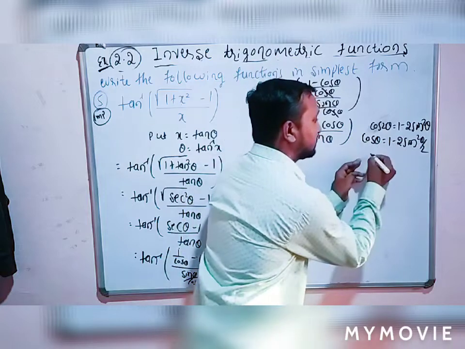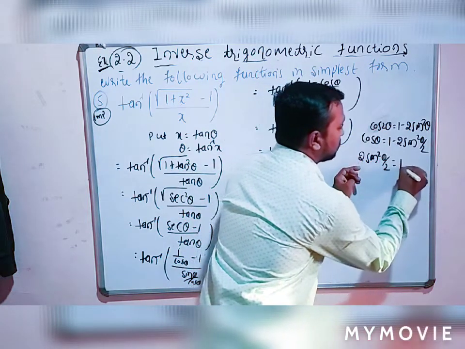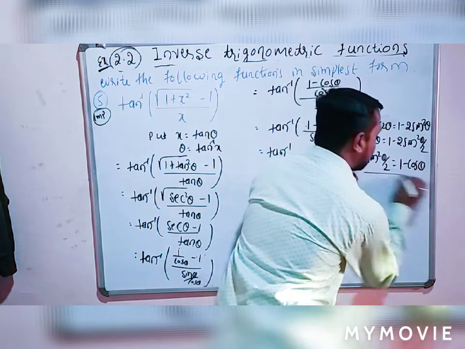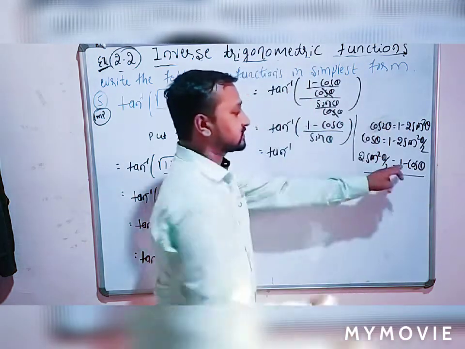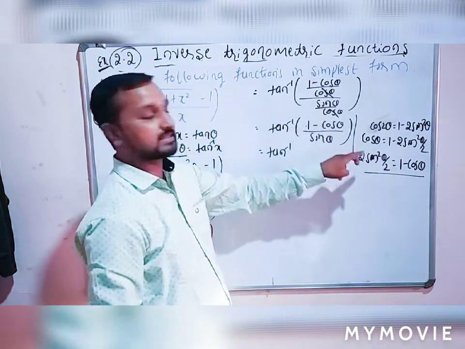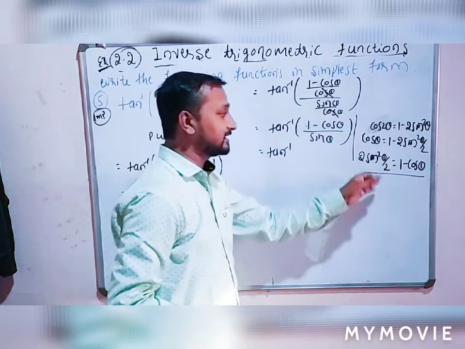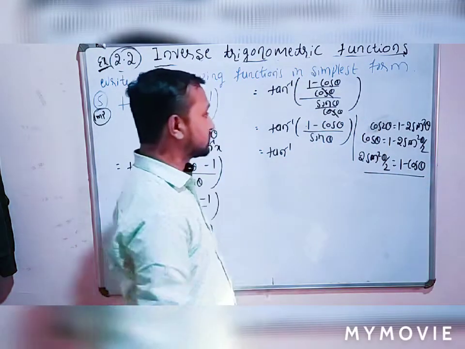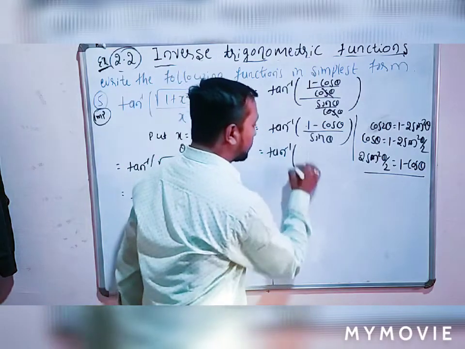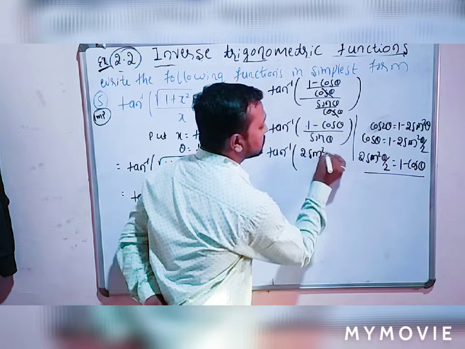So by simplification, 2 sin square theta by 2 equals 1 minus cos theta. Sin theta is, again by half angle formula, 2 sin theta by 2 into cos theta by 2.